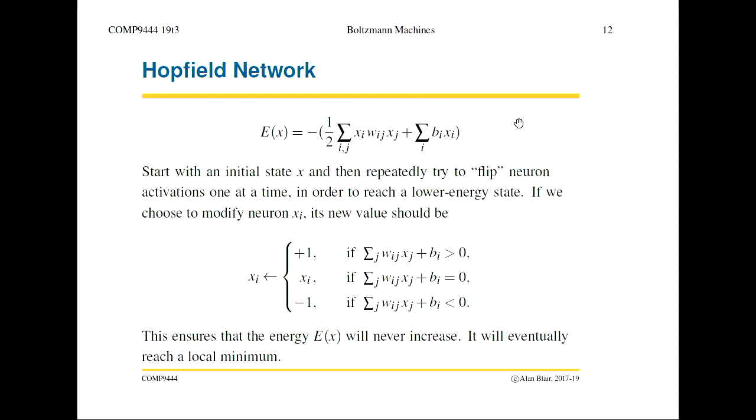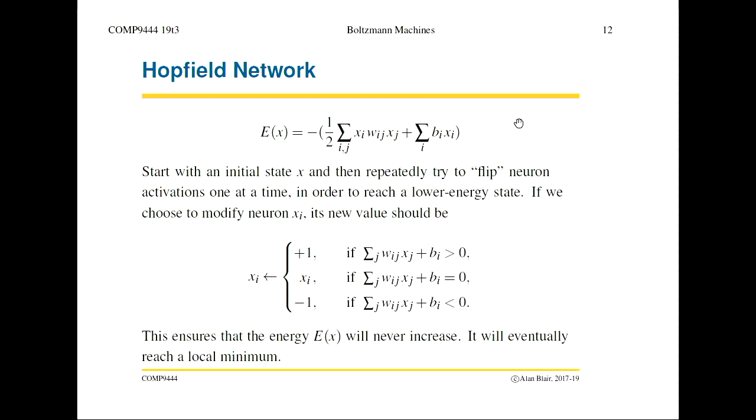So we have an image and we pick a particular pixel, xi, and then we have to decide whether to keep the current value or switch to a new value. So you look at that energy function and you say, well, if I were to change to the other value, would my energy go up or would it go down?